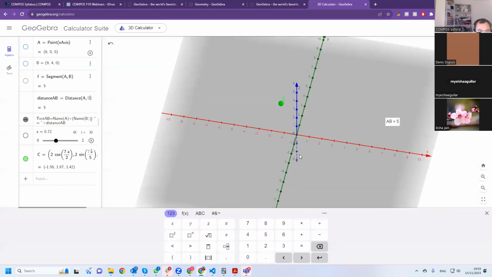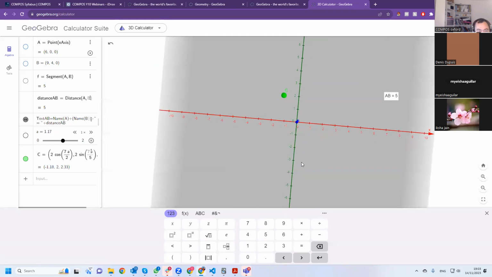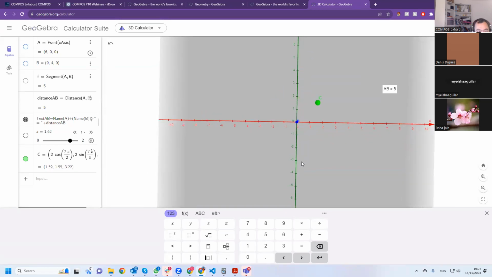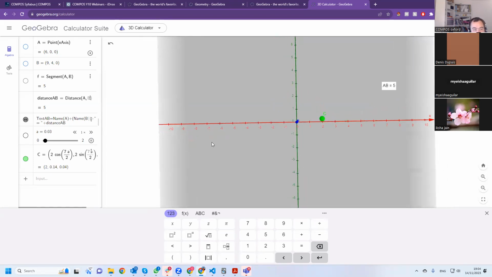Okay, so looking from the top, here we go. It's moving in a circle if you look from the top.